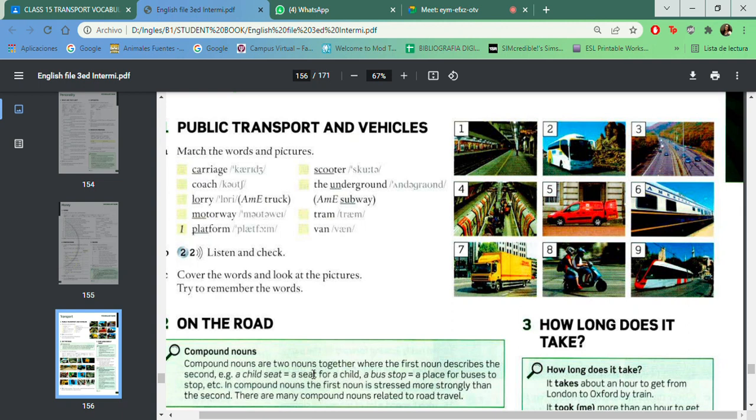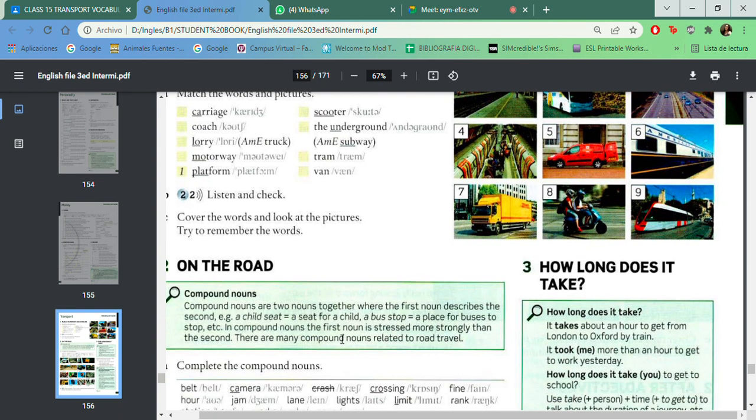So carriage is number... Number 9, it's not exactly, maybe because it's too modern, and we don't recognize this. So it's a tram? Yes, it's a tram, it's not a carriage.